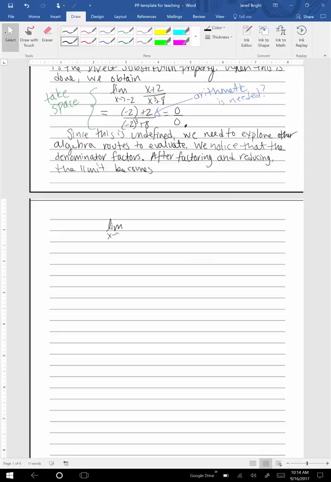Limit as x approaches -2, x plus 2, and this should factor as x plus 2, x squared minus 2x plus 4, and I'm going to do equals limit as x approaches -2 of 1 over x squared minus 2x plus 4. Okay, and I can close that in parentheses, I don't need to.